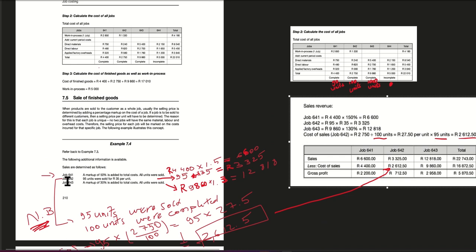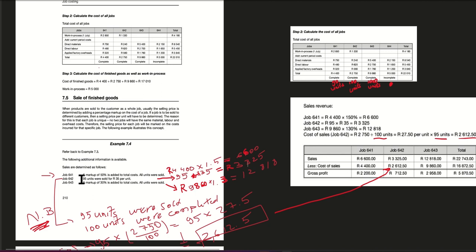If you look at job 642, it's not the same for all products, but for job 642, 95 units were sold for 35 rand per unit. So we can get the sales amount. The sales amount will be 95 units multiplied by 35, which will give us 3,325.